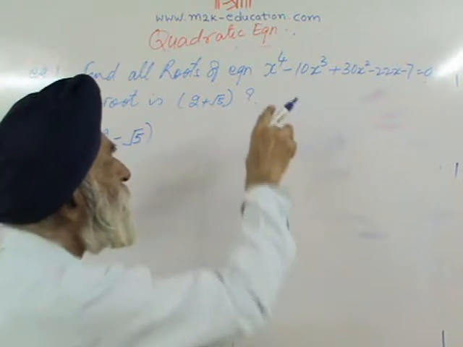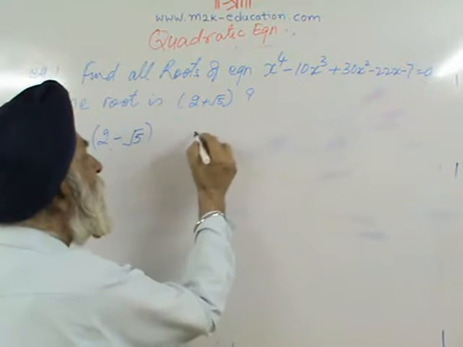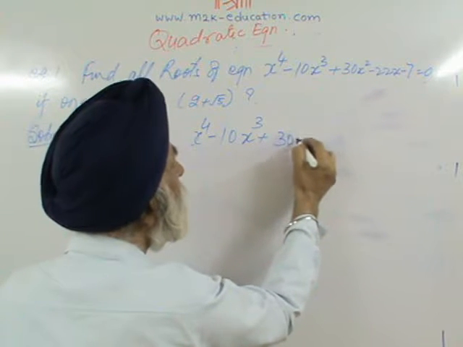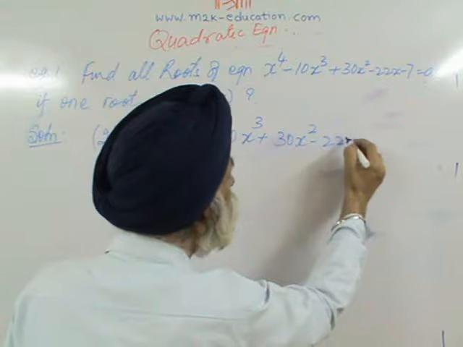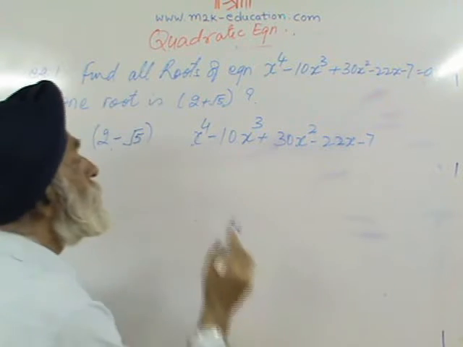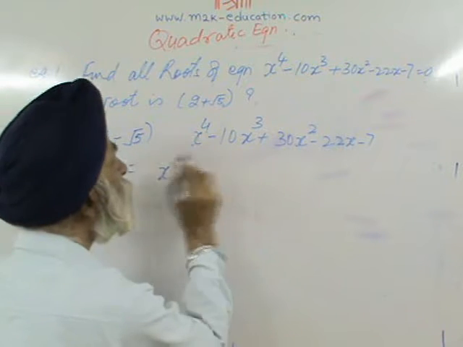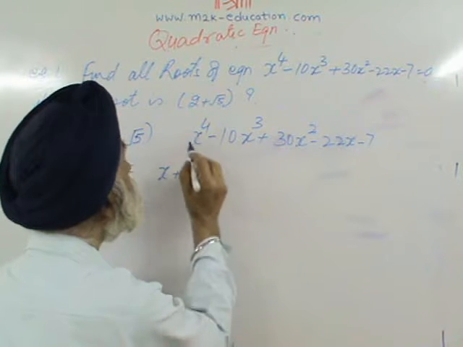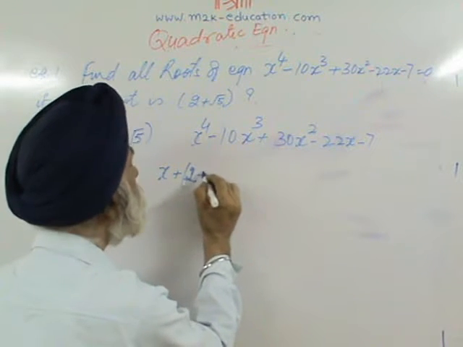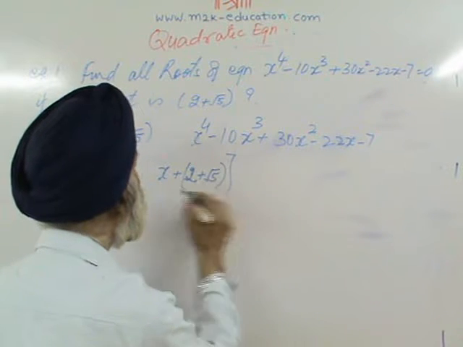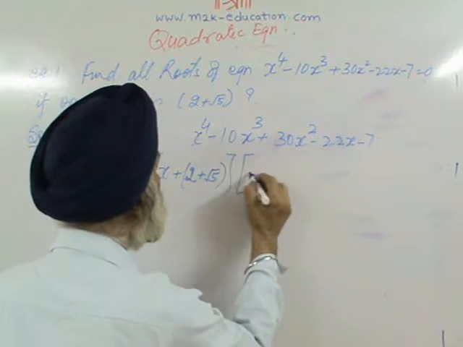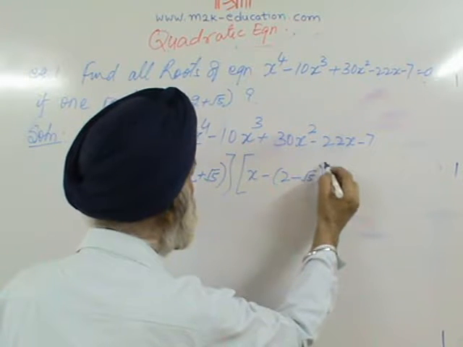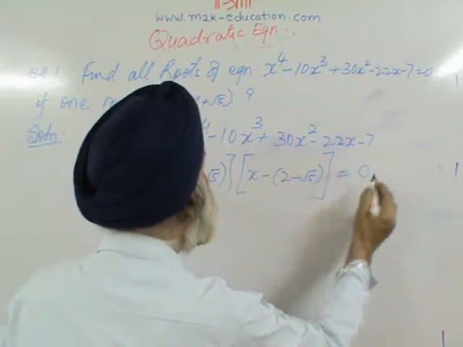It means I can further write two factors of it, x to 4 minus 10x cube plus 30x square minus 22x minus 7 equal to, these are two roots, so this must satisfy x minus 2 plus root 5 and x minus 2 minus root 5 as two factors.